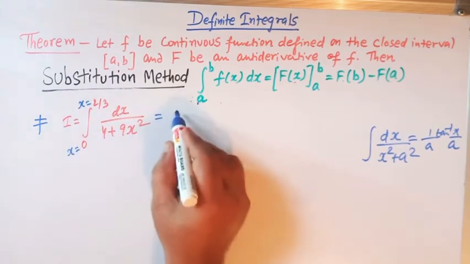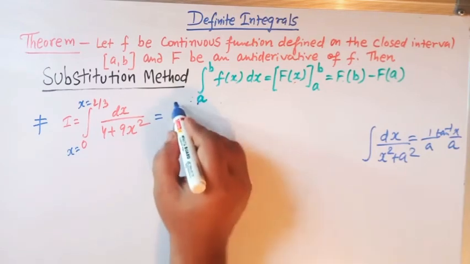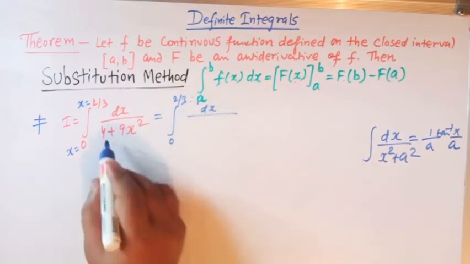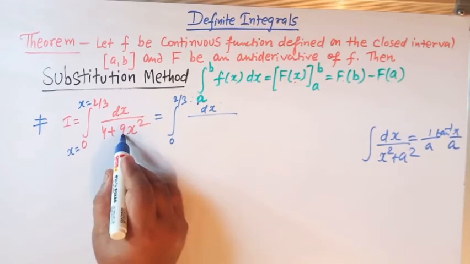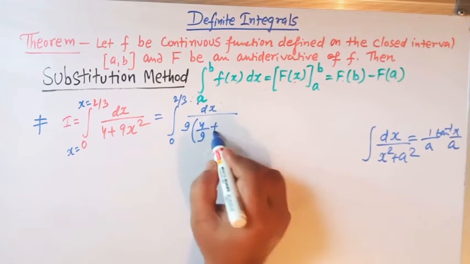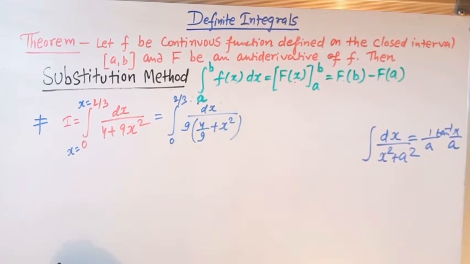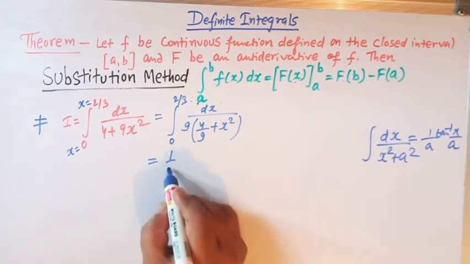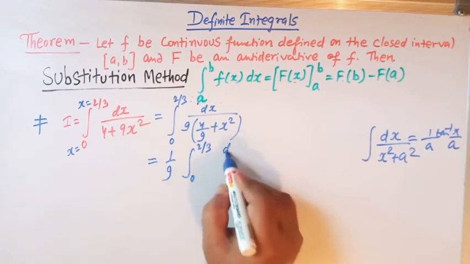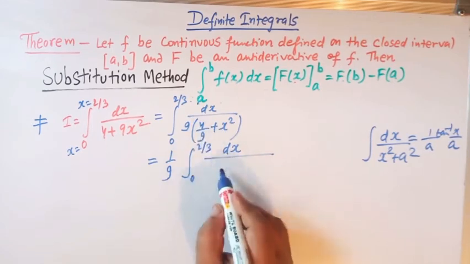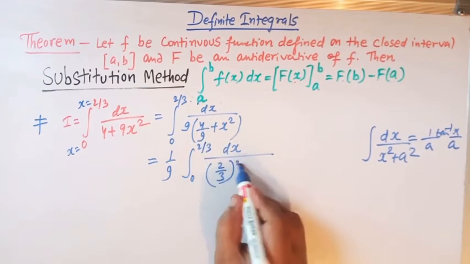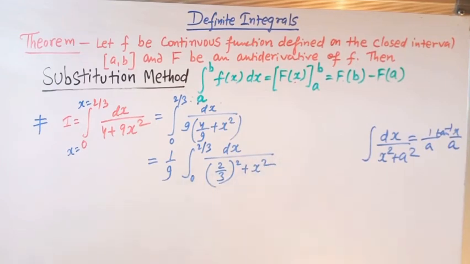Now this integral can be written as 0 to 2 by 3, here we have dx, and if we take 9 common, this is 4 by 9 plus x square. So this can be written as 1 over 9, from 0 to 2 by 3, dx over 2 by 3 square plus x square.